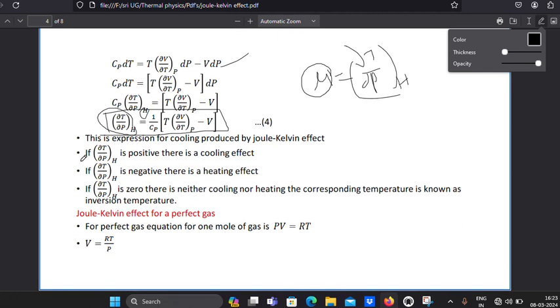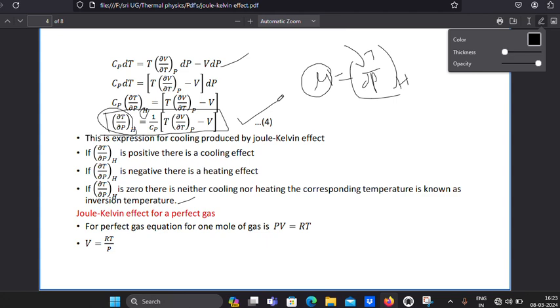Now if this term is positive, this is called cooling effect. If this term is negative, it is called heating effect. If this term is zero, there is neither cooling nor heating. The corresponding temperature is called the inversion temperature.